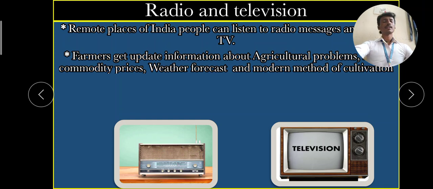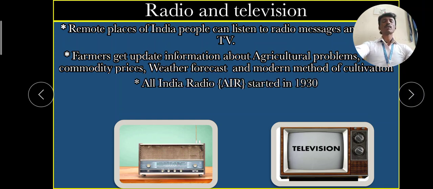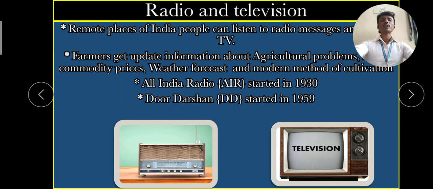Like here, the radio and the television play a very important role. Here AIR, it means All India Radio, was started in 1930. All India Radio, one mark, very important question: when was All India Radio started? In the year 1930 All India Radio was started.